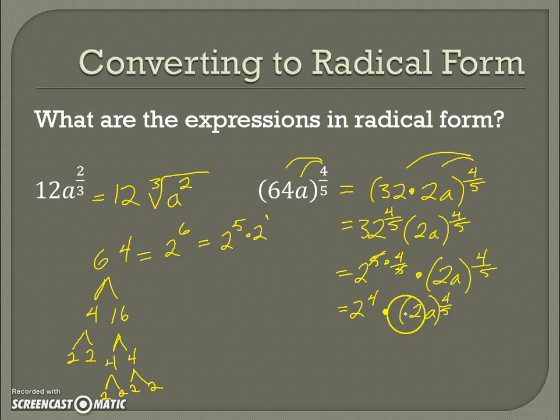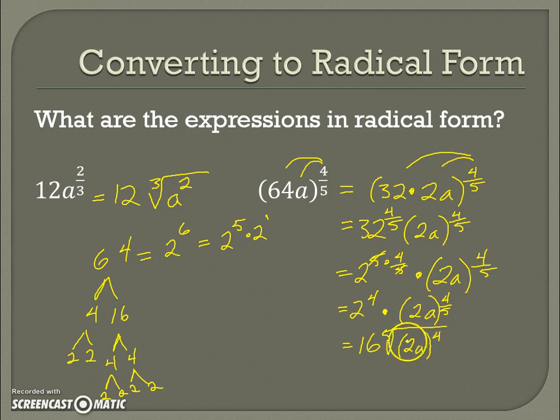And then go ahead and do 2 to the 4th, which is 16. And then I'm going to go ahead and change this whole thing back to radical form. Because 2a does not have a fifth root, I'm just going to leave it with the a inside that parenthesis. The 5 will go here. I'm going to put 2a here to the 4th.